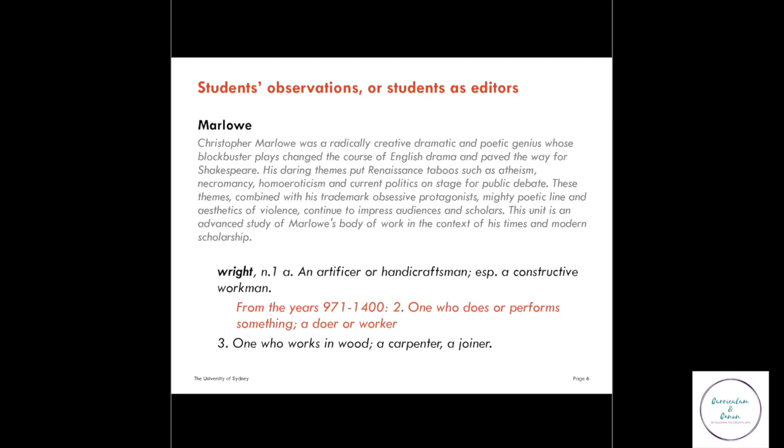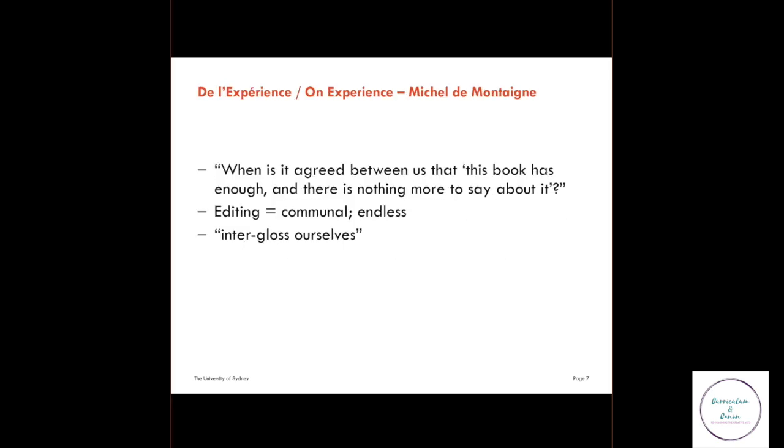Early in the last essay in his collection, on experience, he asks rather fantastically, when is it agreed between us that this book has enough and there is nothing more to say about it? His comment emerges from a discussion of editing and glossing legal texts. So he was a lawyer by training, but his words can apply to scholarly editing practices too.